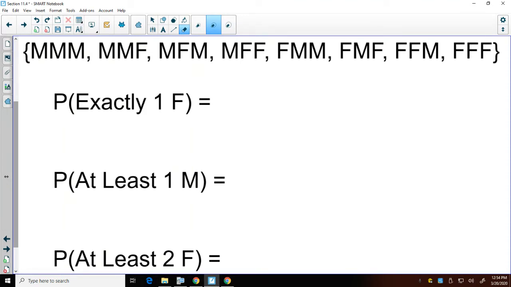The probability that we're going to grab a family and they have exactly 1 female. And then find me the probability that if I pick a family that there is at least 1 male. And then find me the probability that if I pick a family, at least 2 females are in my choice. So give it a shot and go. Pause the video.